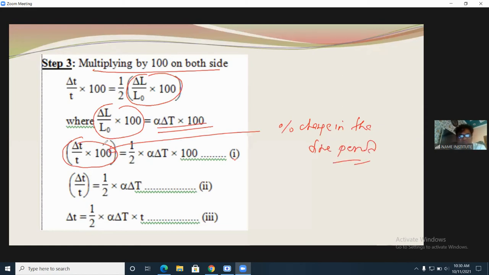So here the percentage change in the time period is 1 by 2 times alpha delta T into 100. Alpha is the coefficient of linear expansion of the pendulum clock.